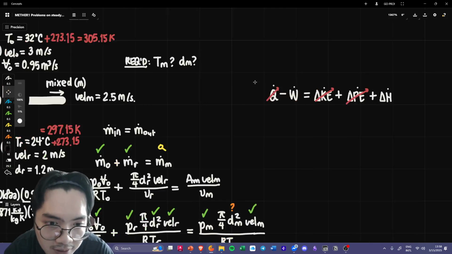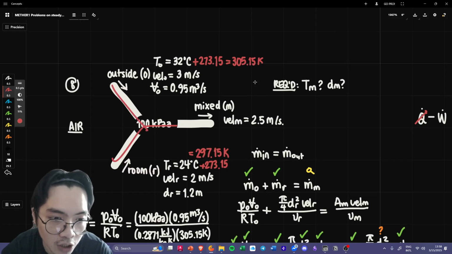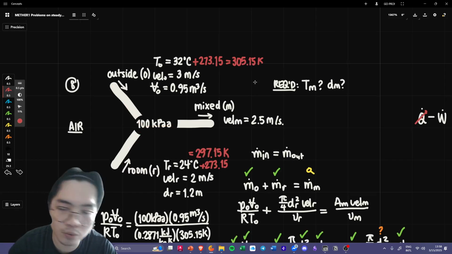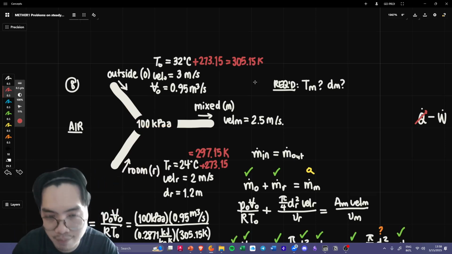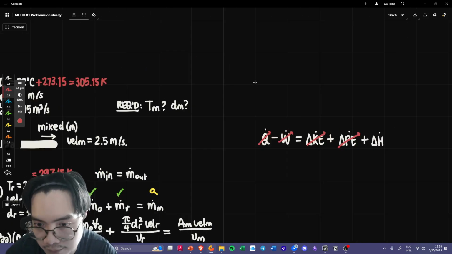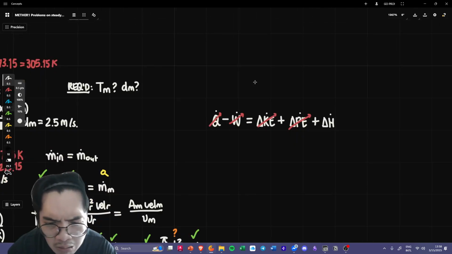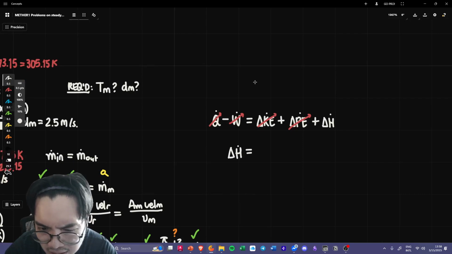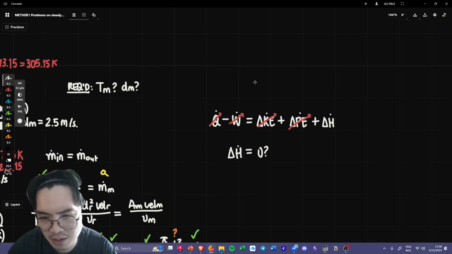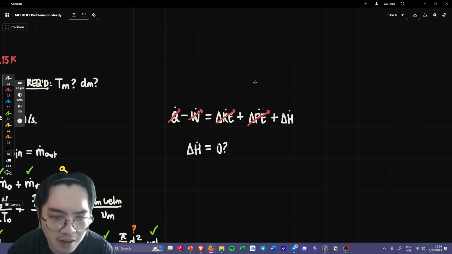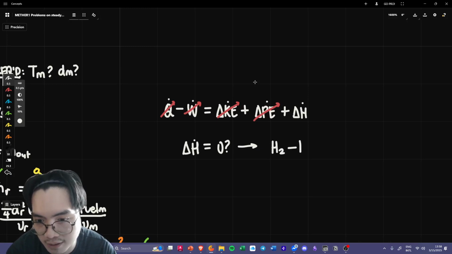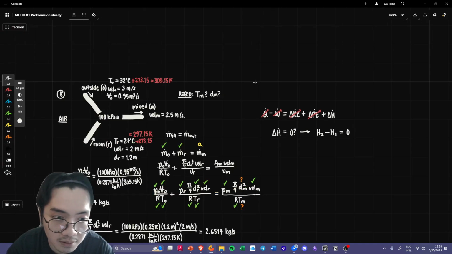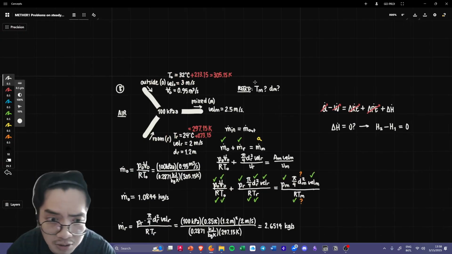The thing about this is that even if this is a duct, and even though we might hear sounds from the vents, like it vibrates or something, there should be no work. You might be thinking, what does this mean? You're not supposed to think of H2 minus H1, because where is your state 2 and where is your state 1?